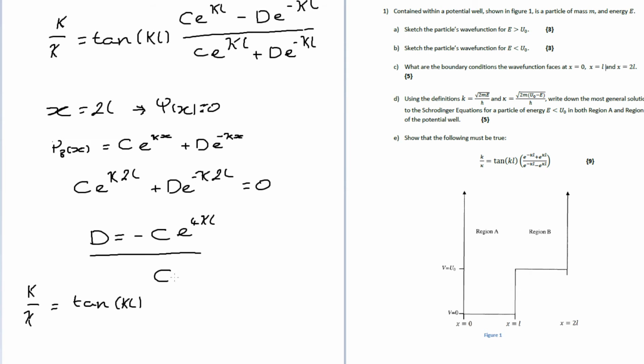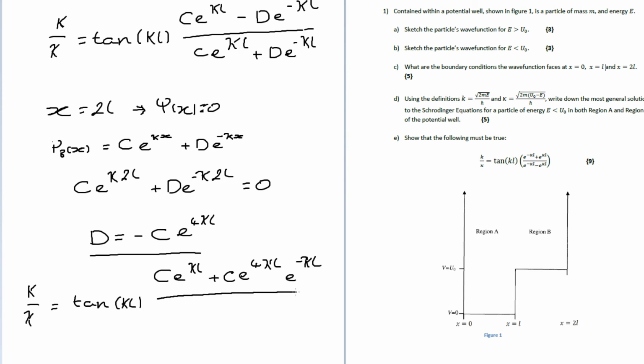So we have C e to the kappa L. And now we're replacing our D up here with our C. So we have minus times a minus is a plus. C e to the 4 kappa L multiplied by e to the minus kappa L.